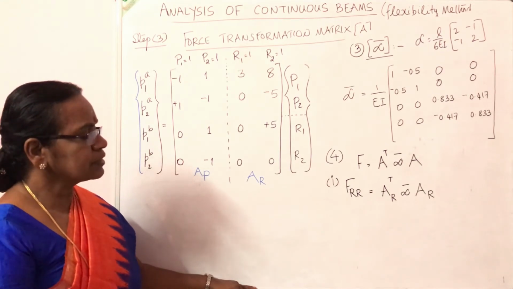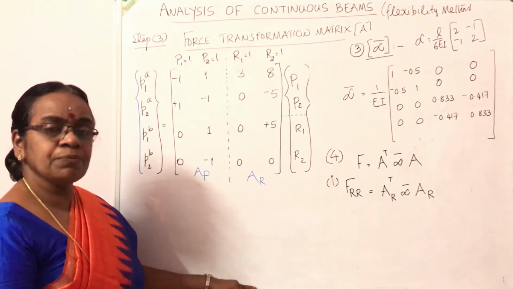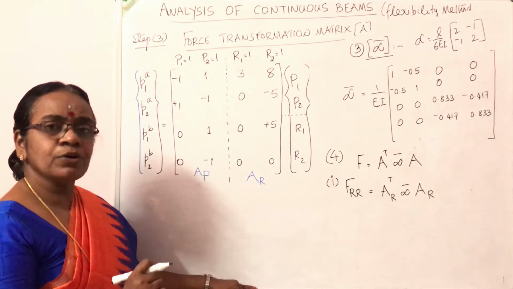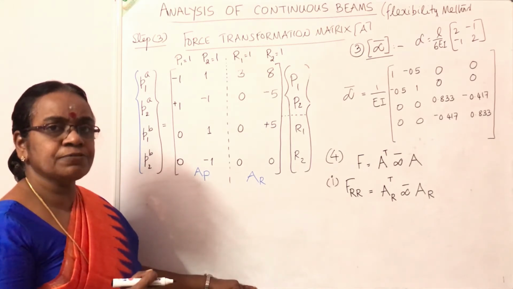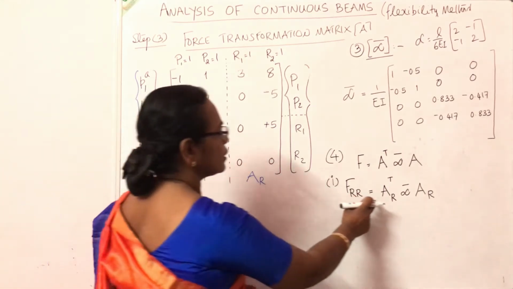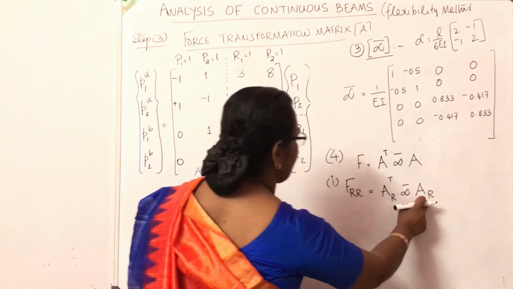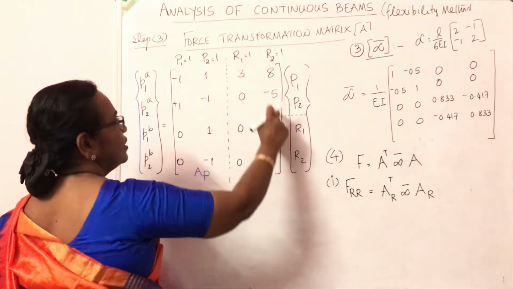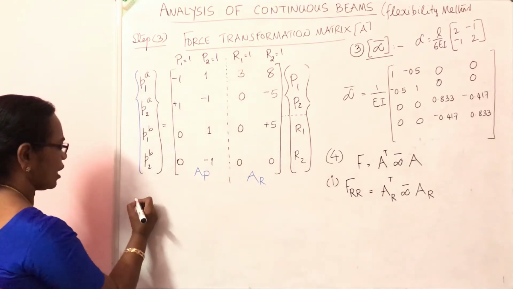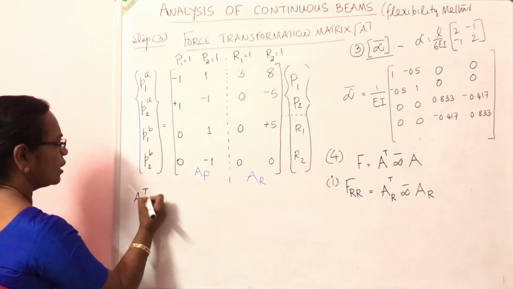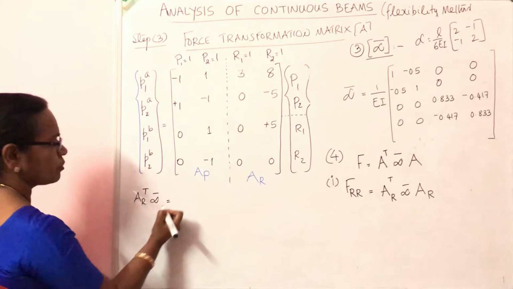FRR, the deflection or deformation in the structure at the point of redundancy due to the action of redundants, we calculate as AR transpose alpha bar into AR. I will calculate AR transpose alpha bar first, separately.